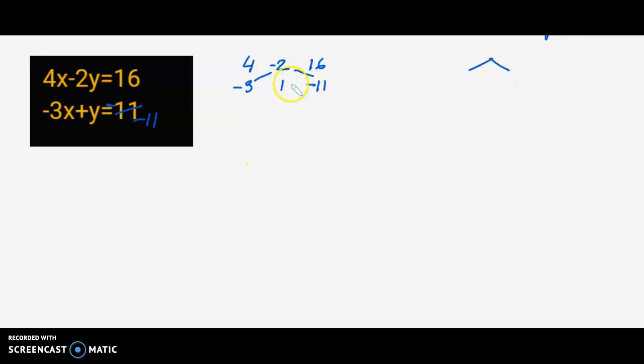Again, next step is minus 2 and minus 11. Take these two pairs and multiply minus 2 and minus 11, that is 22. Minus minus plus, so plus 22, and subtract the product of 1 and 16, that is 16, and it gives you 6.